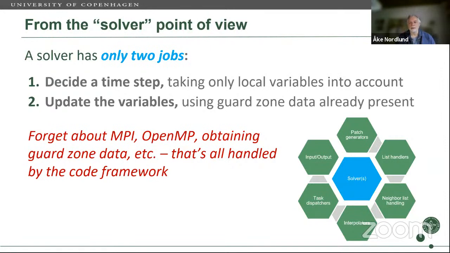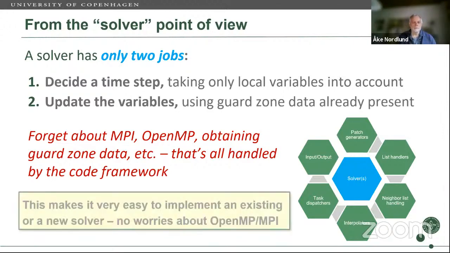It doesn't need to parallelize its loop because it's full of work together with its sibling tasks being updated at the same time, so it would be overkill to try and parallelize the code itself. That makes it very easy to implement an existing solver or a new solver. It doesn't have to worry about things like OpenMP or MPI.